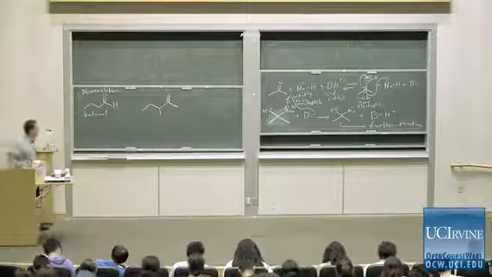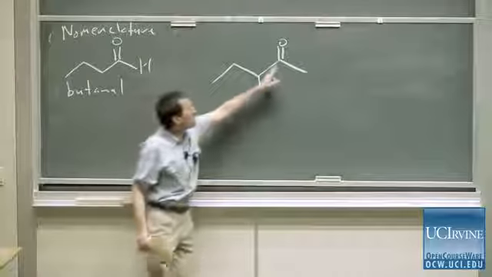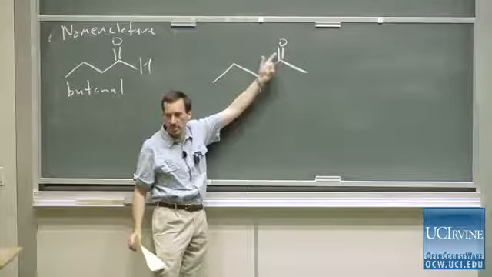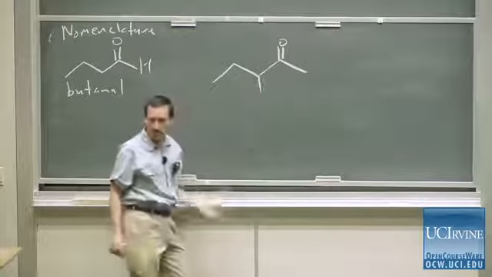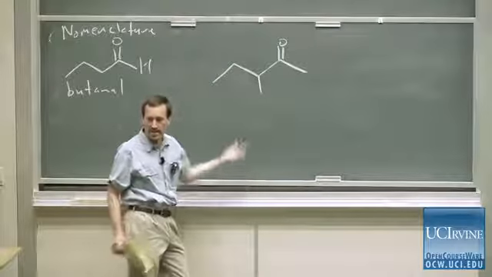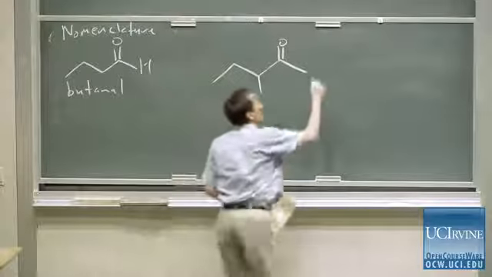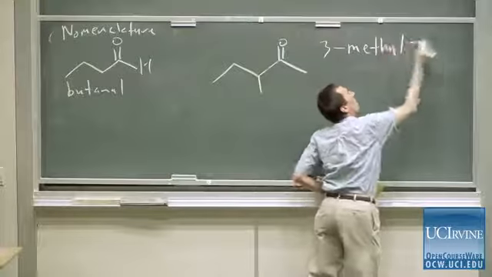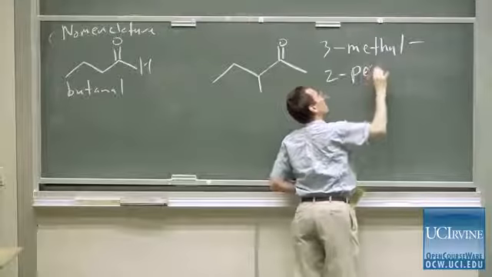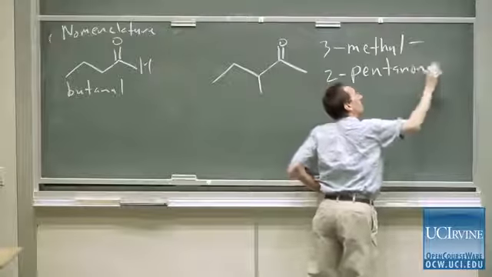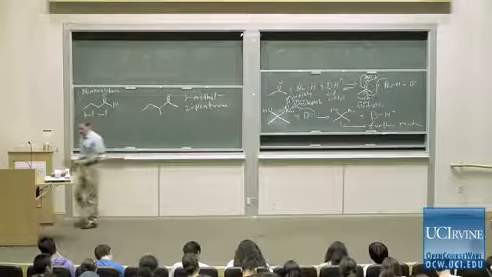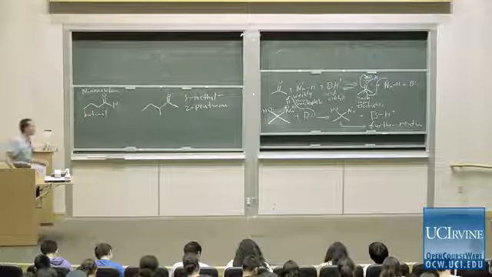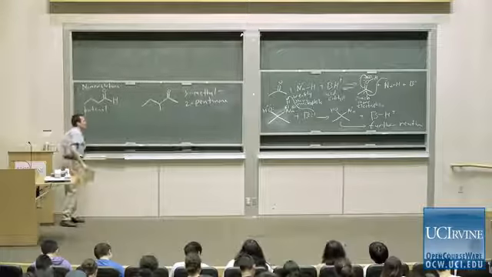We number it so that the carbonyl is at the lowest position. So that's at the 2 position. And we have a methyl group at the 3 position, and we use -one to indicate a ketone. So this compound is 3-methyl-2-pentanone. And really, that's all there is to naming compounds by way of the IUPAC names for aldehydes and ketones.